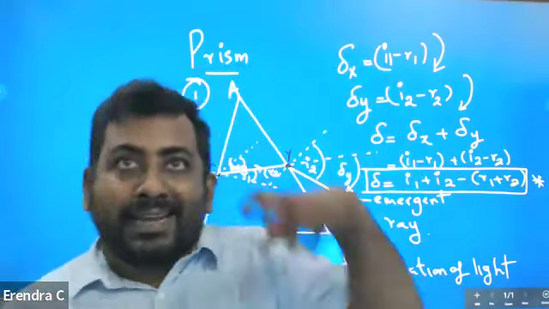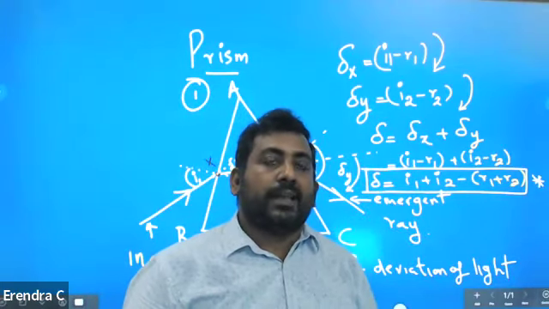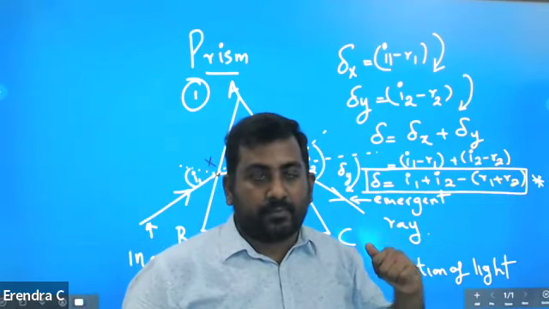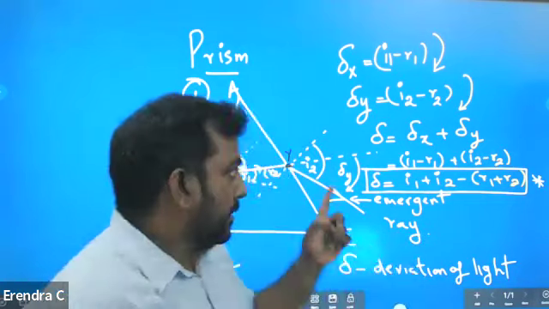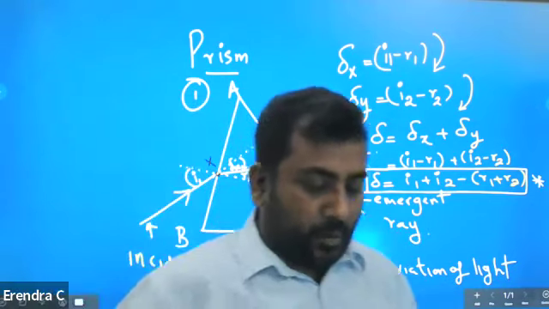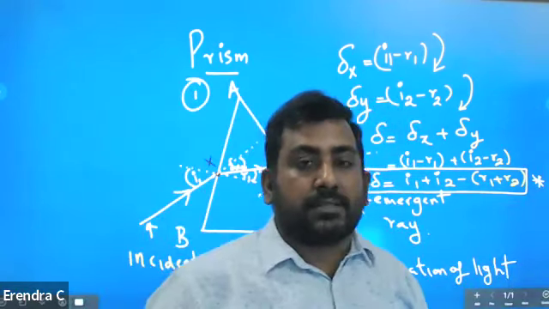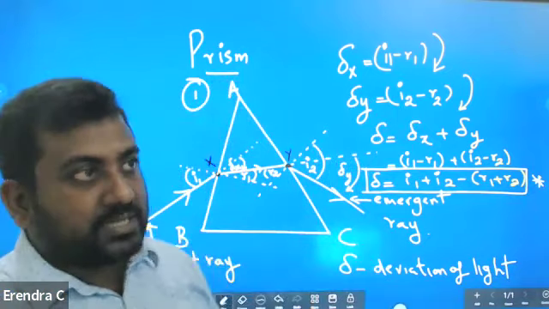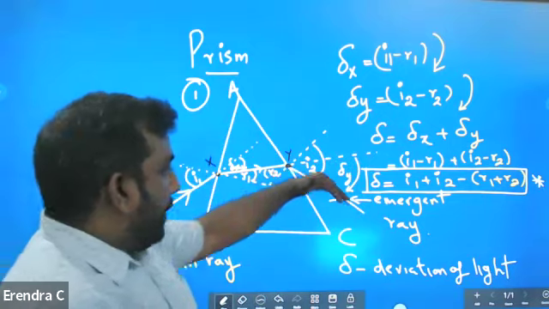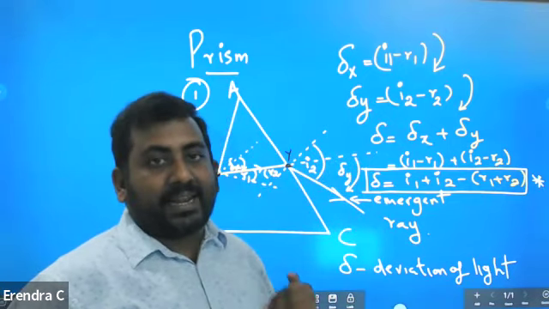In a prism, deviation of light occurs from the point of incidence to the point of emergence. The path of the light ray has changed.